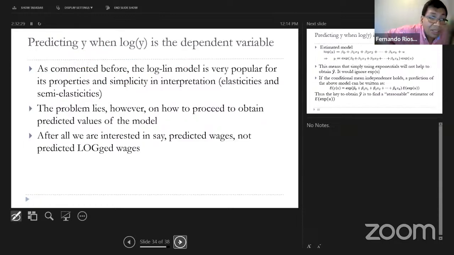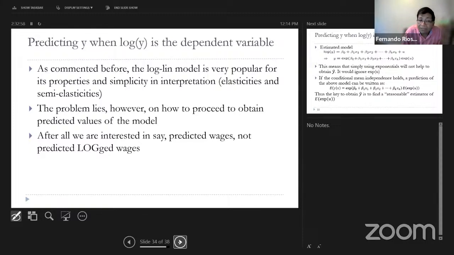Okay. Now, this is the last thing. It's something that I mentioned before, and it's what happens when you use logs as the dependent variable. As I mentioned, using logs as the dependent variable is something that a lot of people do because it really simplifies the interpretation of your coefficients, at least in economics, because people like to talk about elasticities, semi-elasticities and relative changes.